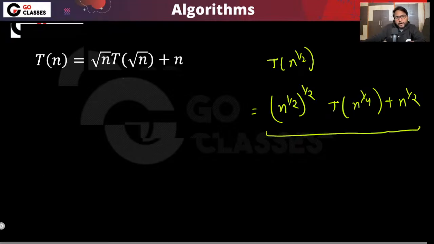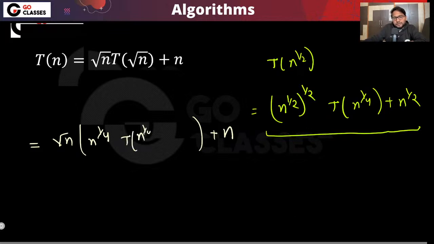So that's why you will be writing it, right? So this is nothing but square root of n into something plus n, right? And what is that something? This is n power 1 by 4 into t of n power 1 by 4 plus n power 1 by 2, isn't it? Let me know if that is okay to everyone. This is a little tricky question, so let me know if that is okay.